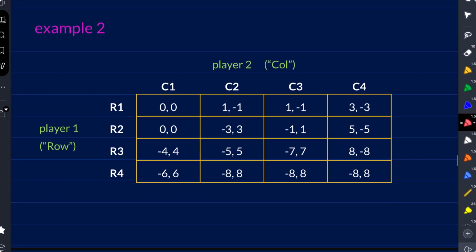Okay, here's one more example. Let's start with player 1. If we're looking at R1 and R2, and C1 happens, then they're the same. If C2 happens, R1 is better. If C3 happens, R1 is better. But if C4 happens, R2 is better.